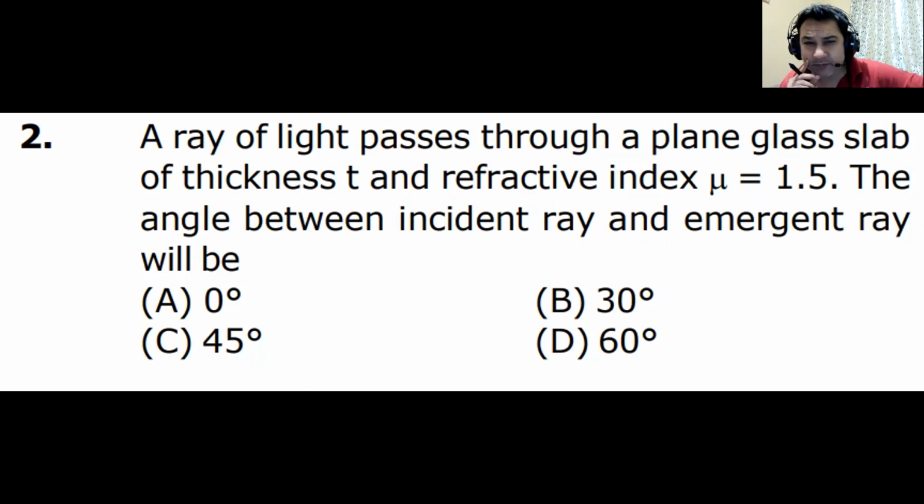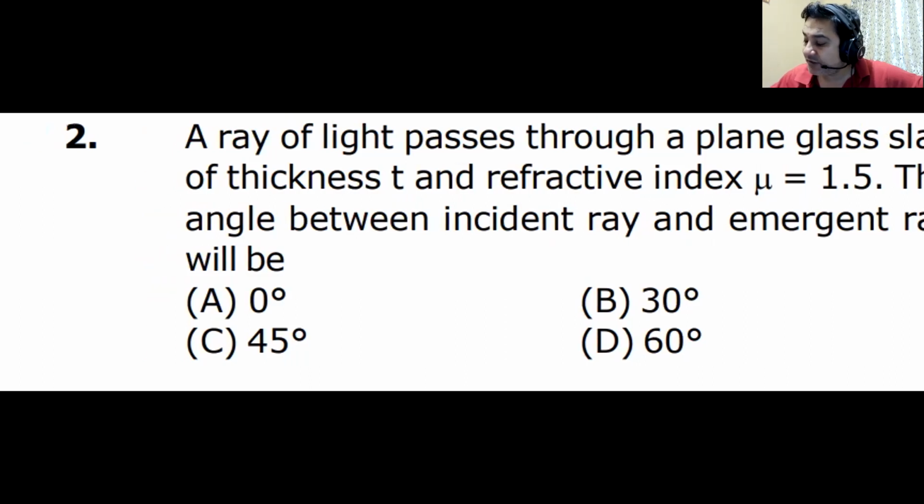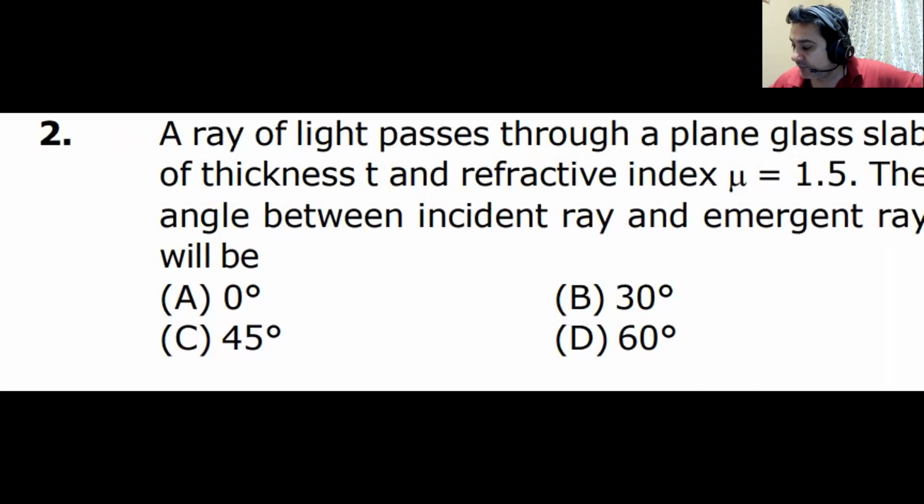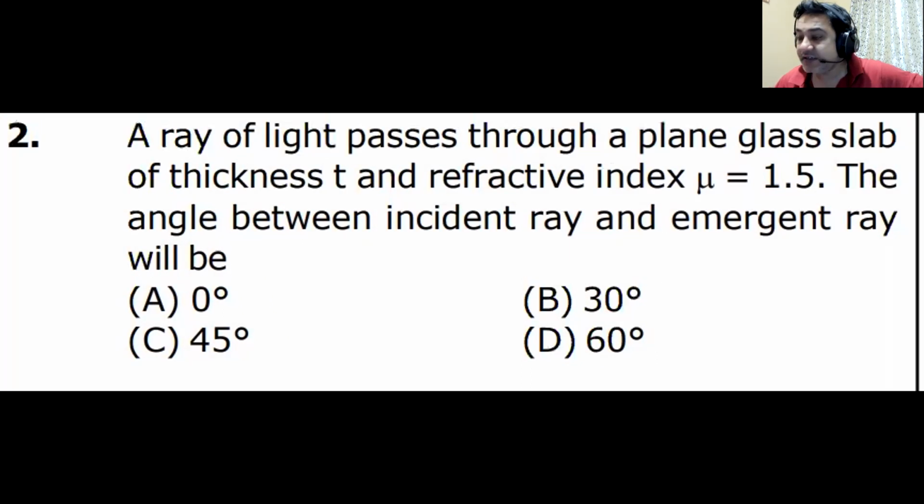A ray of light is passing through a plane glass slab. What is the angle between the incident ray and the emergent ray? Sad, no one knows this. It's sad that I have told you that 3 times at least. The angle would be 0 because the incident ray is parallel to the emergent ray.